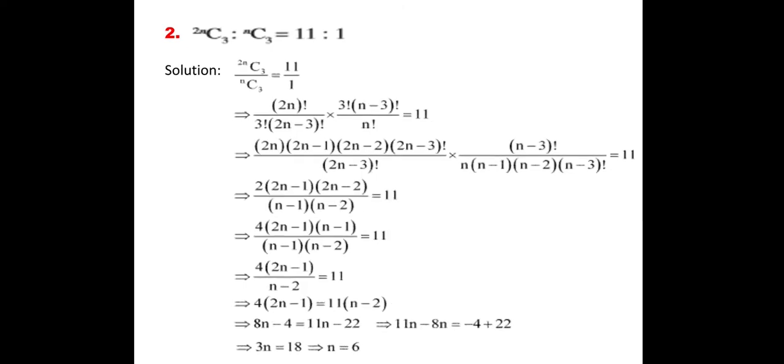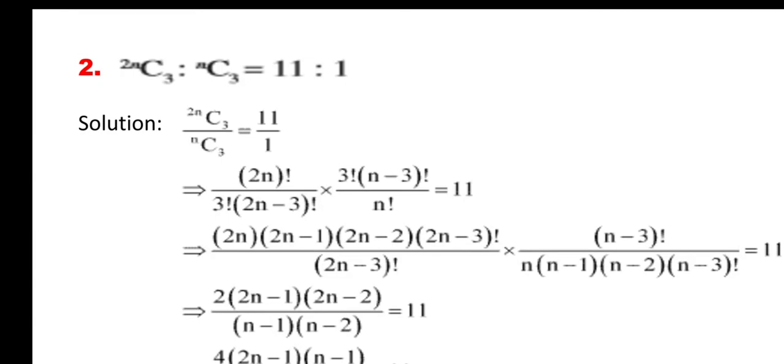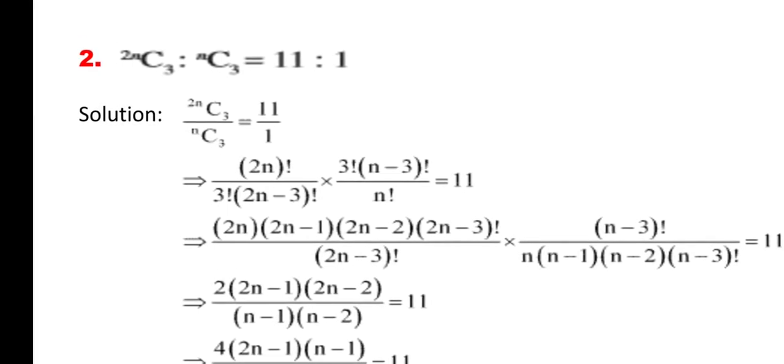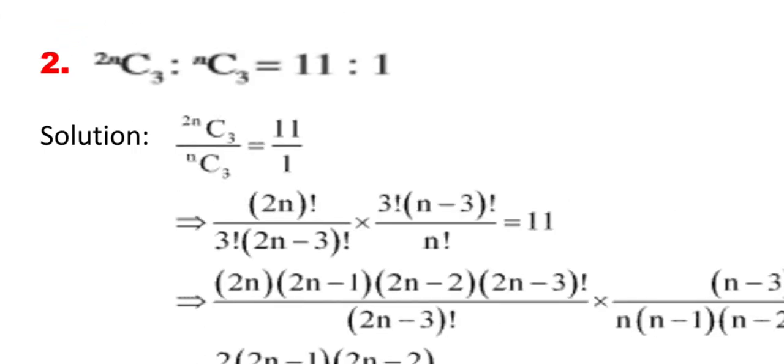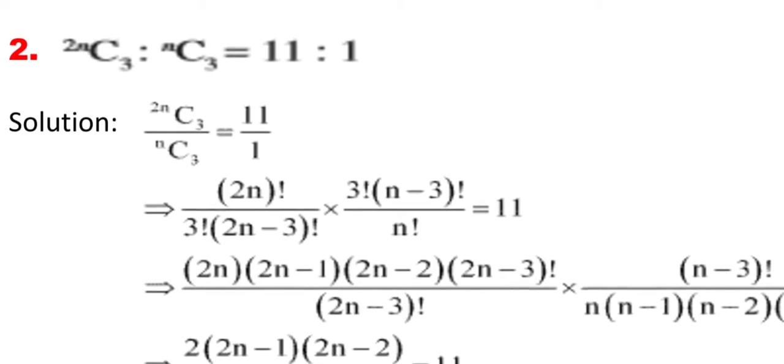Students, the next question is we have to calculate the value of n, where it is given that 2nC3 is to nC3 equals 11 is to 1. Students, 2nC3 by nC3. First we can use the formula of nCr and expand both numerator and denominator. 2nC3 you can write as factorial n divided by factorial r into factorial n minus r.